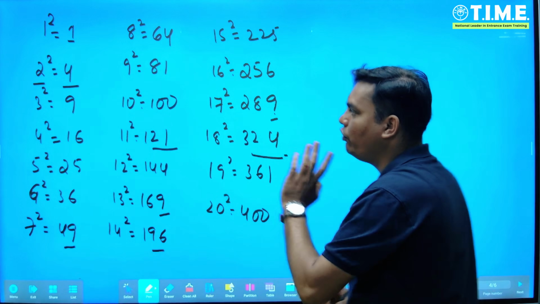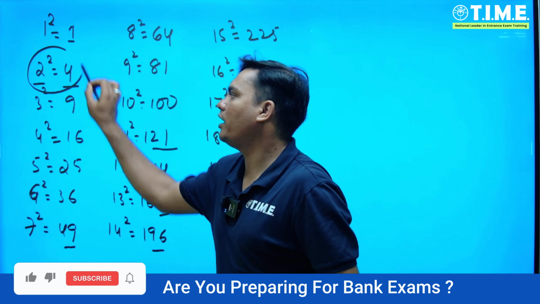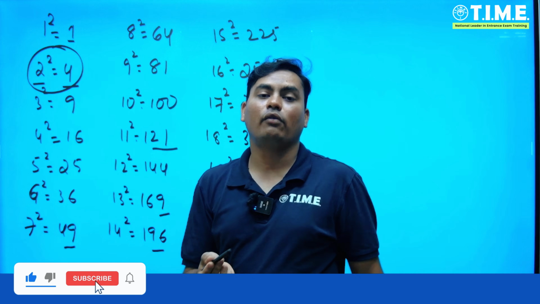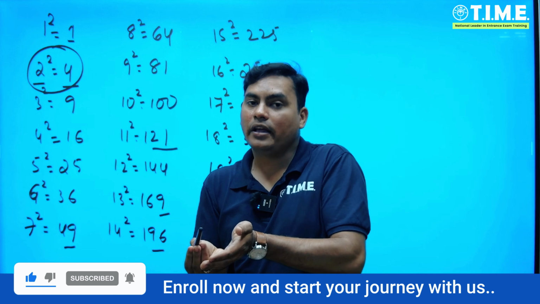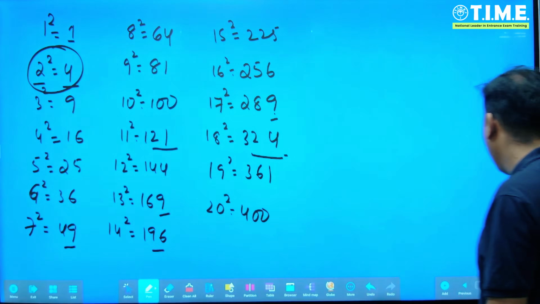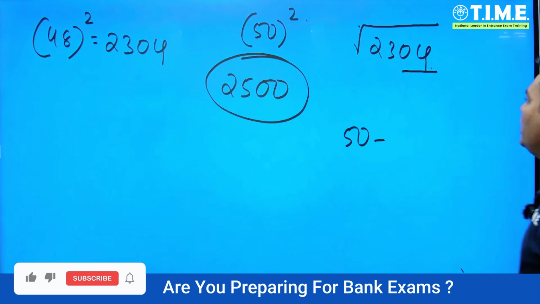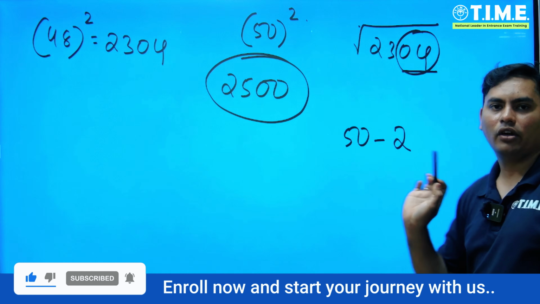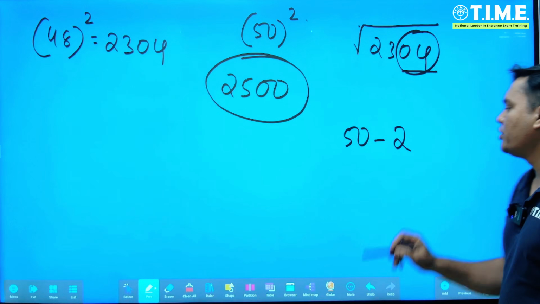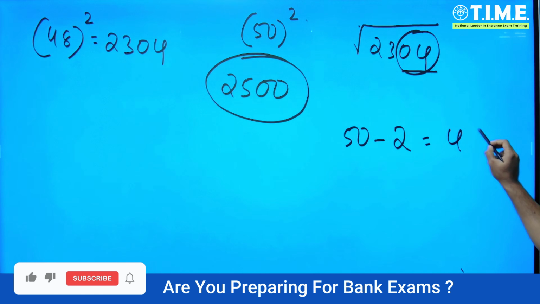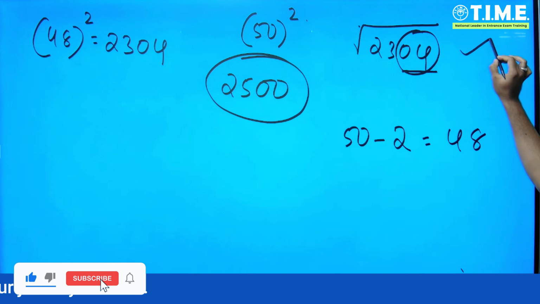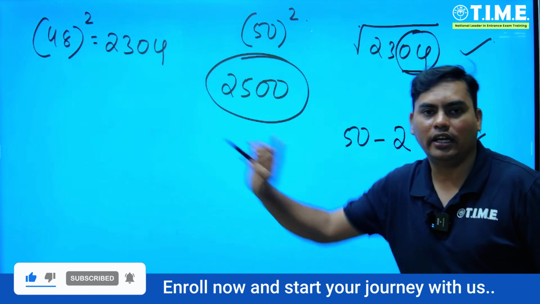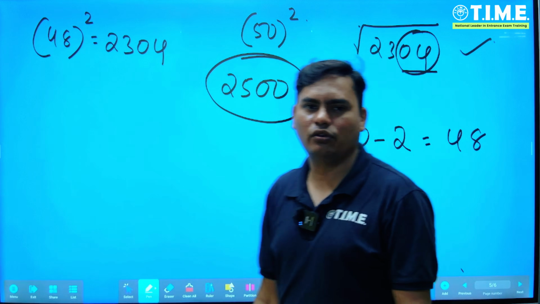Only 2 square gives 04. That means the number you will subtract is nothing but 2. 50 minus 2. So my answer will be 48. So this was the square of 48. I think everyone understood the concept.